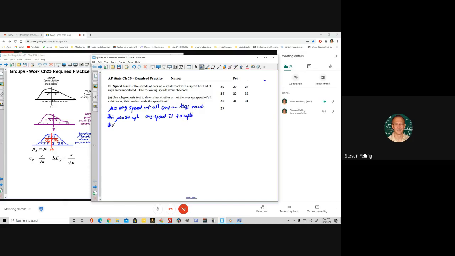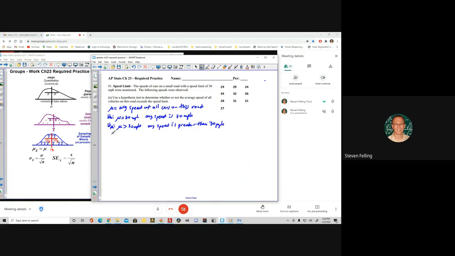So then the alternate hypothesis would be something noteworthy, right? We want to know whether or not it exceeds the speed limit. So since this is exceeds, we would use the same numbers here, miles per hour, but we would use the greater than. So the average speed is greater than 30 miles per hour, meaning that the average car is speeding, okay?